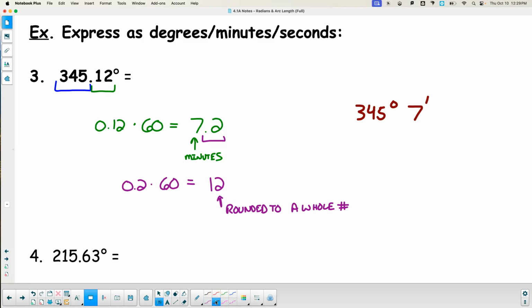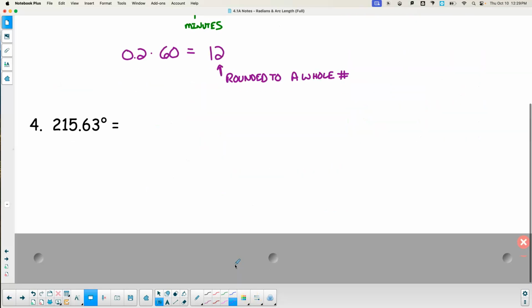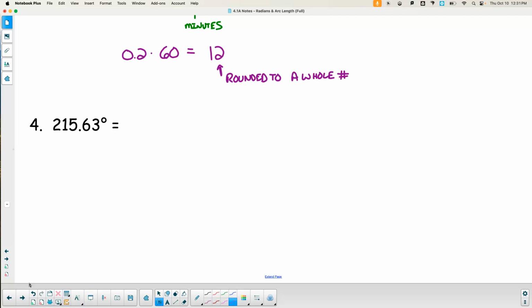In this case, it just happened to be a whole number. Okay? You now try 215.63 degrees, convert to degrees, minutes, seconds.